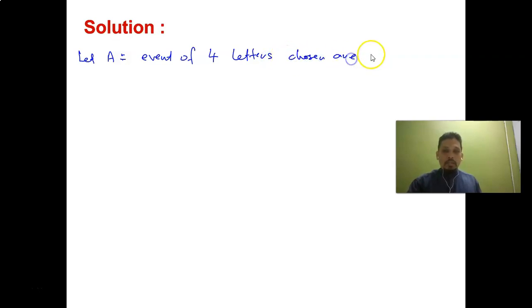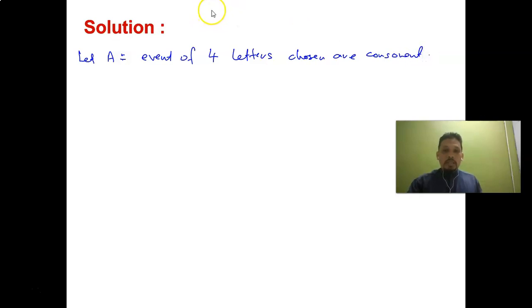Okay, so the first one then, let A be an event of 4 letters chosen are consonants.